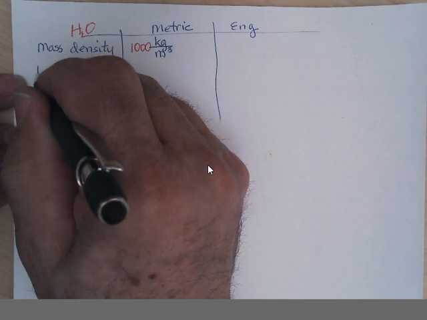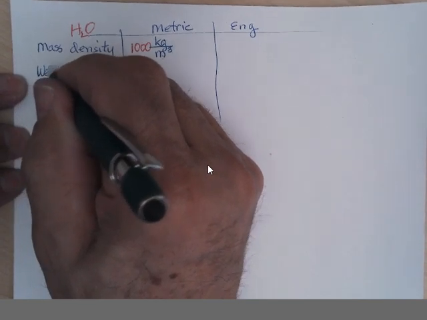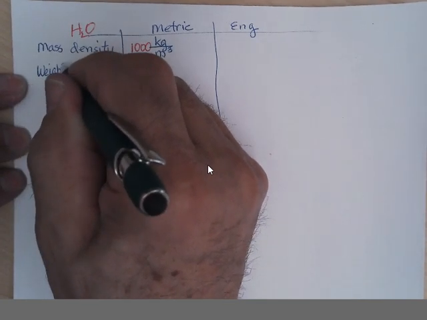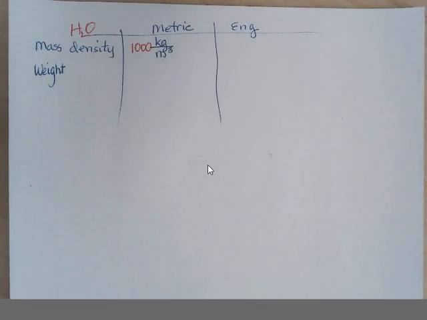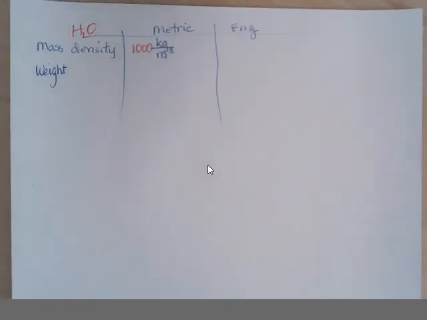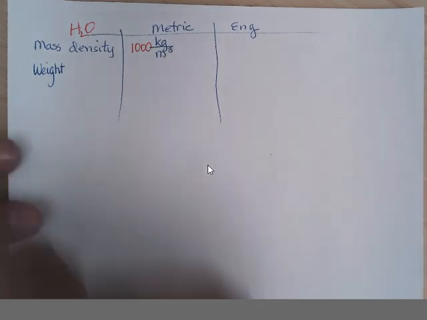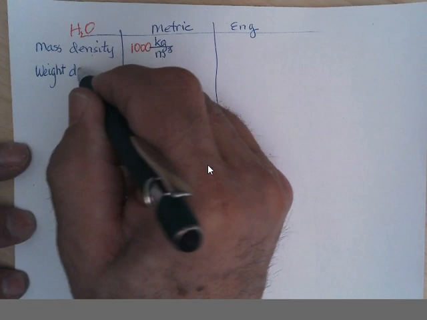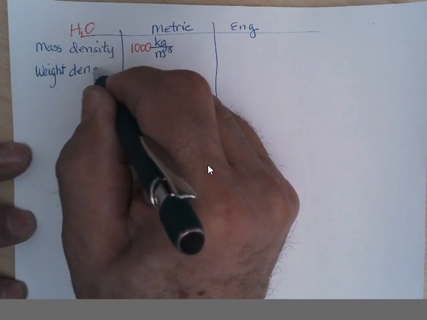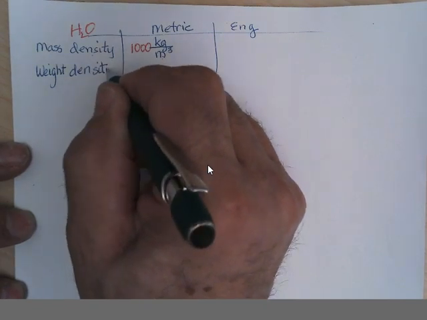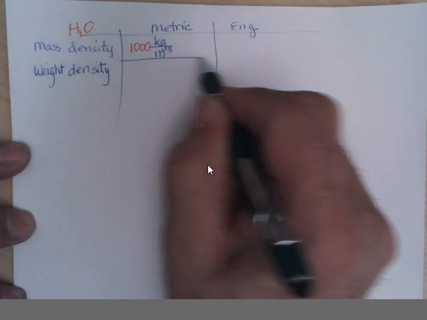I'm going to call it weight density. Weight changes as you move away from the Earth. Your weight gets less. It depends on the two masses that are attracted to each other. So weight density is not a good way to describe this, but it works well for understanding what we're going to be doing here with the calculus.